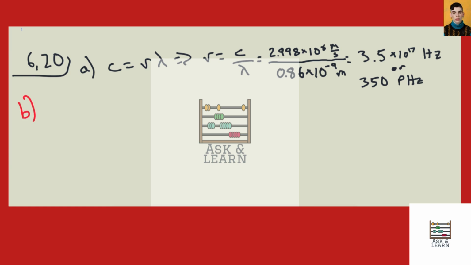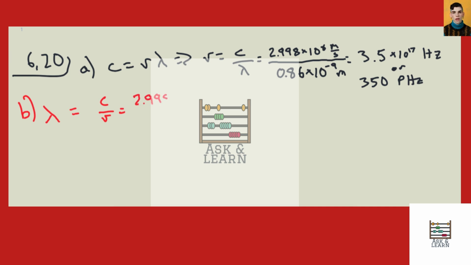So for part B, we're asked, what is the wavelength of radiation that has a frequency of 6.4 times 10 to the 11th seconds minus 1? So here we need to do the reverse of what we did before. So we can say that lambda, or wavelength, is equal to the speed of light divided by nu, or frequency.